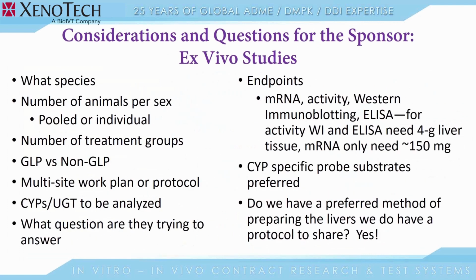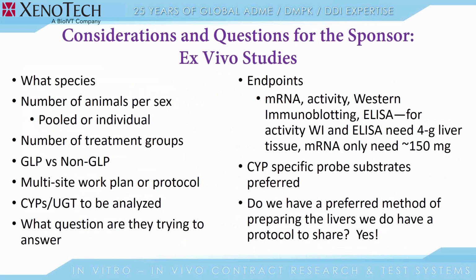When conducting ex vivo enzyme induction studies, we also have a list of considerations and questions that we like to ask our sponsors, and these include: what species are we looking at, the number of animals per sex, and are these going to be pooled or individual samples, the number of treatment groups, is this study being conducted GLP or non-GLP, is it going to be a multi-site work plan, or are the samples just going to be sent to us as a standalone study?